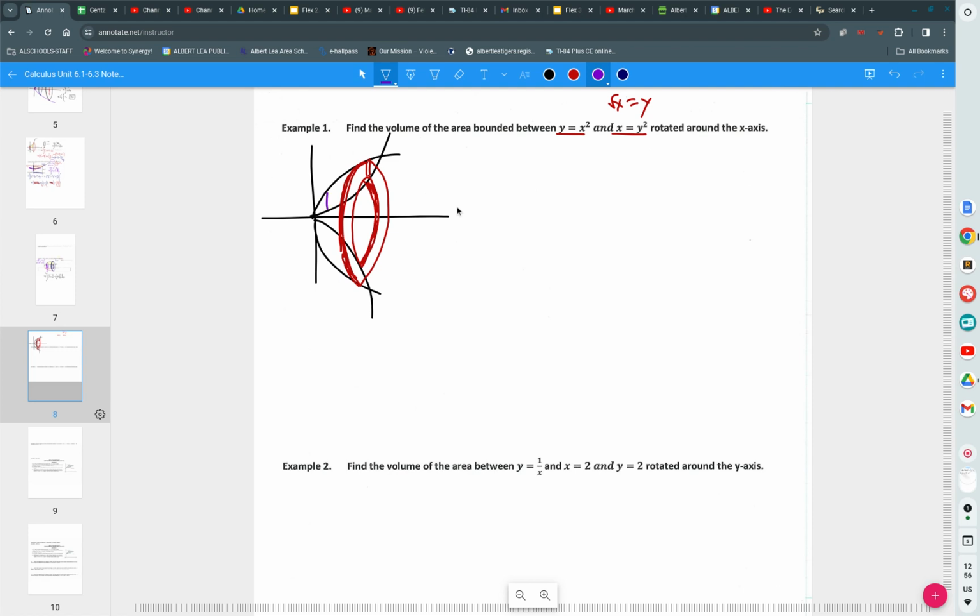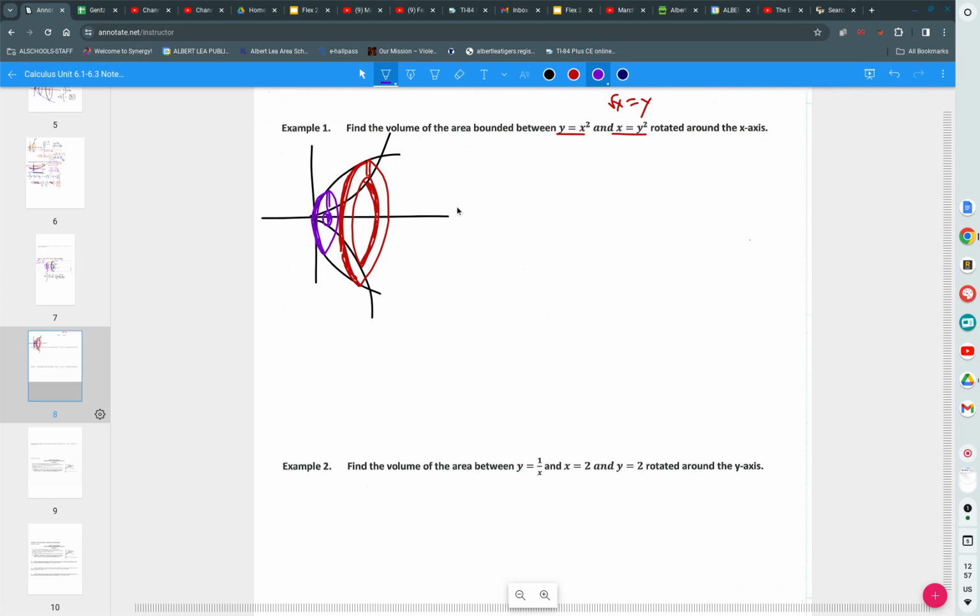Let me try a smaller one here. Is that better?